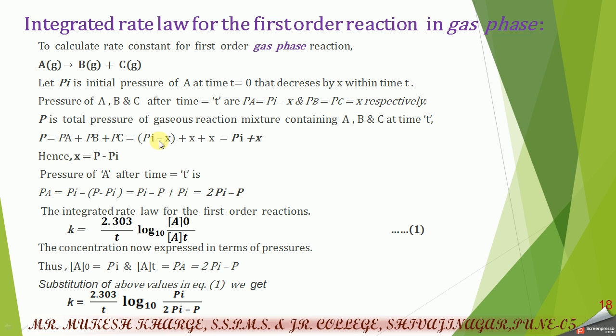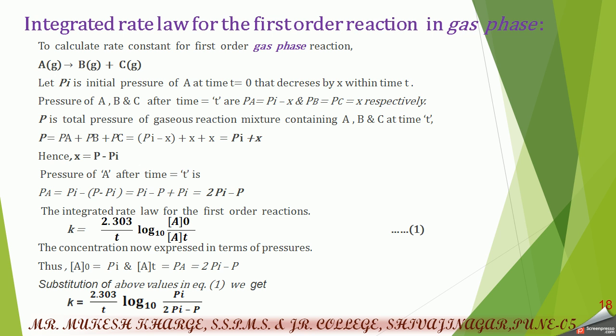If we add them, what we get is Pi plus x. That is the value of total pressure, and from this we can calculate the small change in pressure: x is equal to P minus Pi.